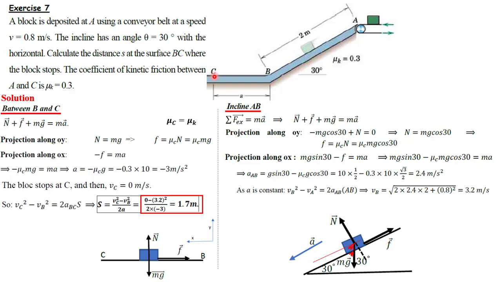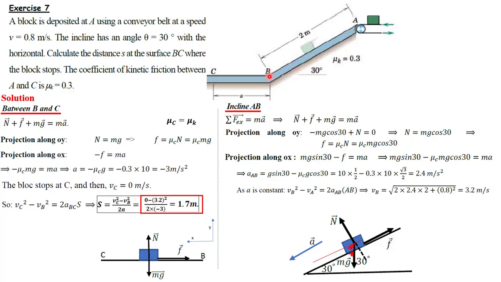So if we want to now summarize this exercise, it can be divided into two motions. We have a motion along AB and a motion along BC. These are two different motions, but they have one common point, which is B. For the motion along AB, B is the final position, final point.